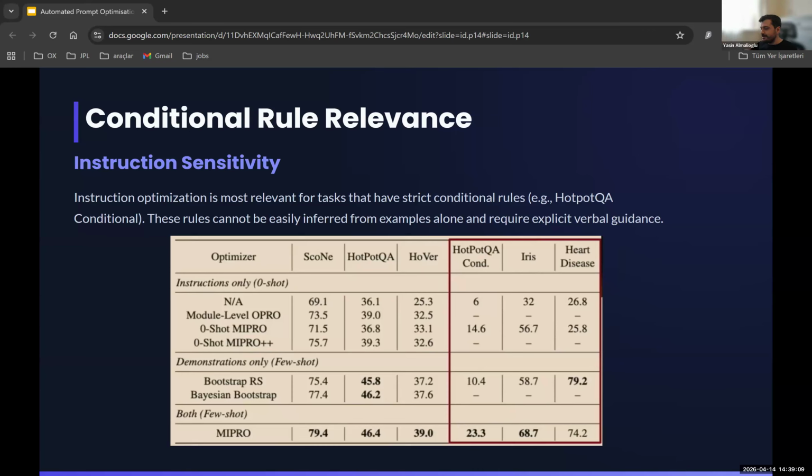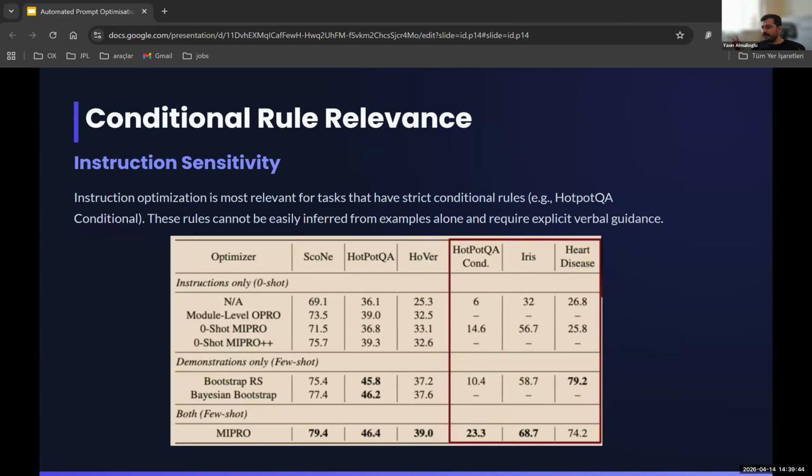And this also tells you why instructions matter in this optimization. On the other hand, for pattern heavy tasks, you cannot come up with a simple rule, but basically the model needs to find the patterns among the data. In this case, it doesn't help much if you just try to provide the rules to the model. In that case, examples do help, which also makes sense.